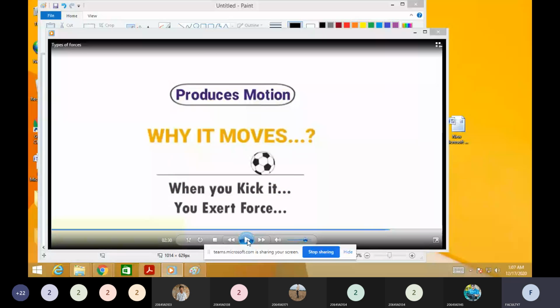Okay, as you applied a force, the stationary football has moved a certain distance. Initially the football was here at rest. So as you applied a force, it has moved a certain distance. So there will be a change from rest, and it will have a motion due to the application of force.